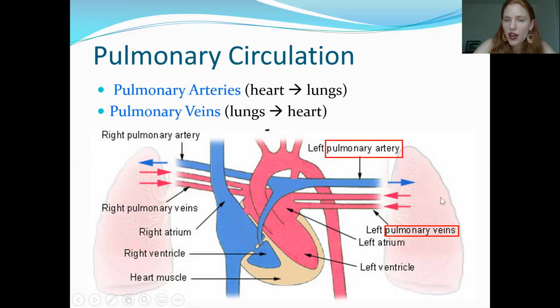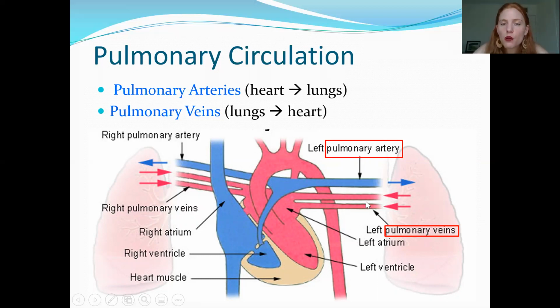It'll then travel along and branch off into arterioles, then capillary beds, and the capillary beds surround those alveoli and pick up the oxygen, and then it'll go to venules, into veins, and then all dump into the 4 pulmonary veins. There are 2 coming from each side.